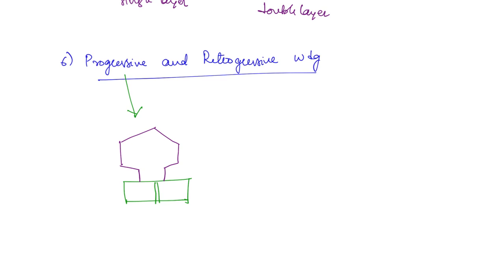Whereas in a retrogressive winding, these are two commutator segments. The first coil is going to start here and the end of this coil is going to go back to the previous commutator segment. This is called the retrogressive winding.